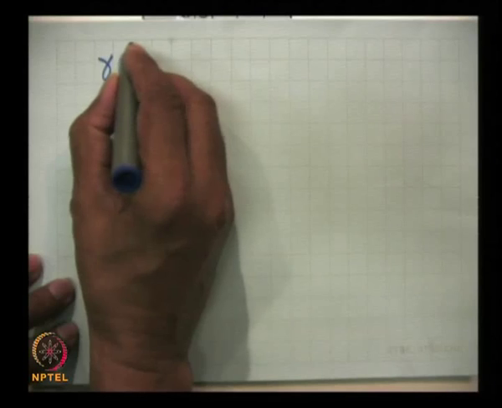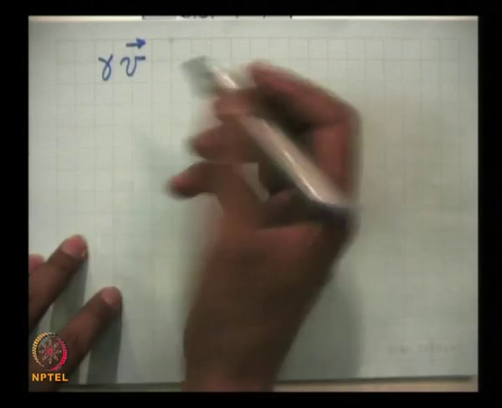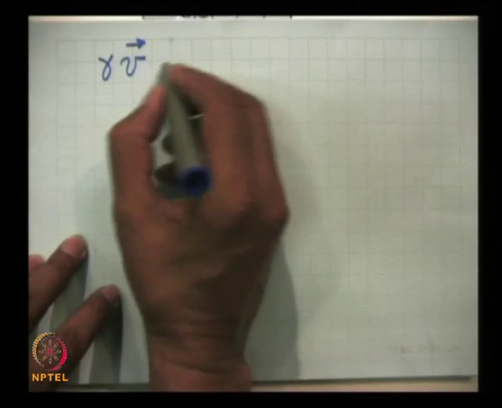Well, the quantity that I get there is the quantity gamma v. So let us see how this looks.